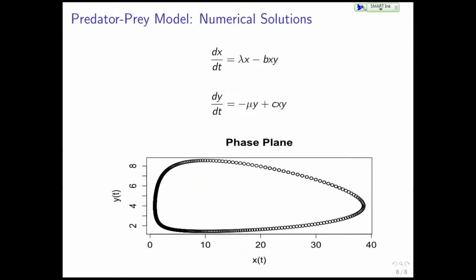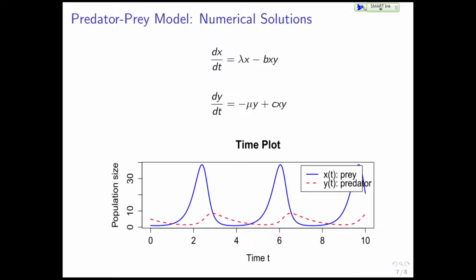When we compute a numerical solution of the type we had in the previous slide, we can display the numerical solution as a function of time. This is what we call a time plot.